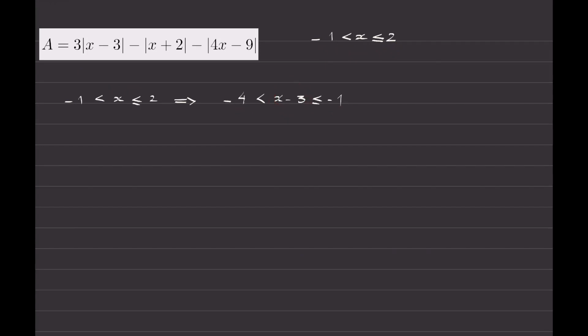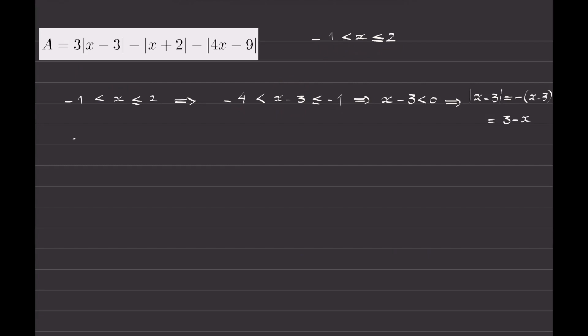This means that x minus 3 is negative, yes? And if x minus 3 is negative, then the absolute value of x minus 3 is equal to minus x minus 3. When I apply the minus sign in, it becomes simply 3 minus x.